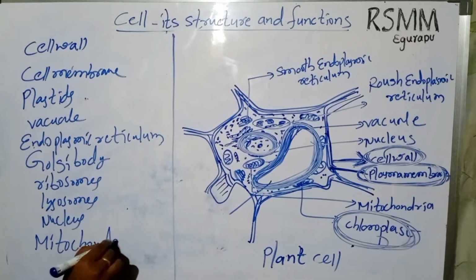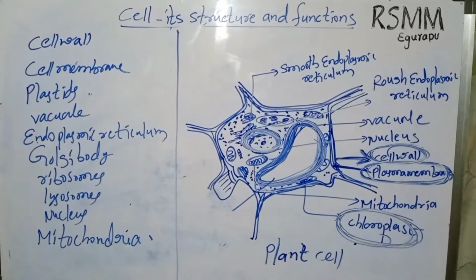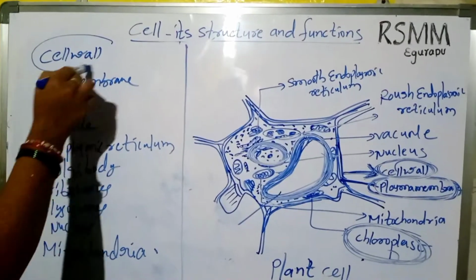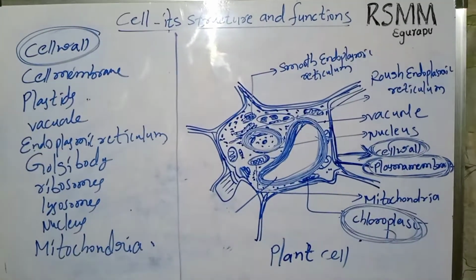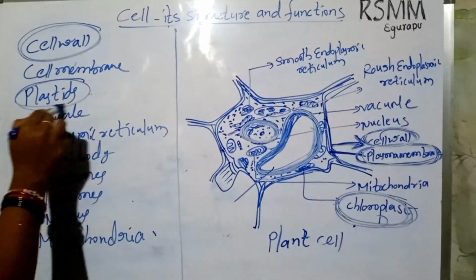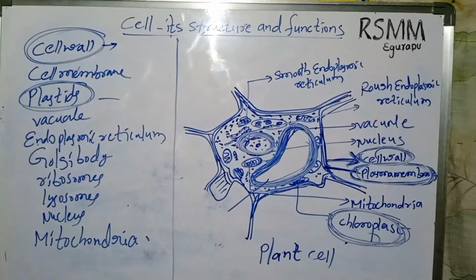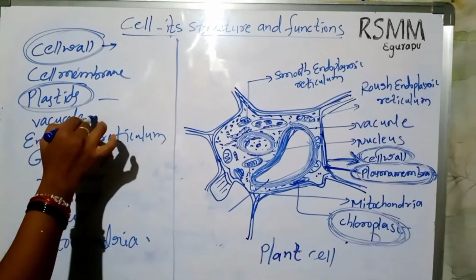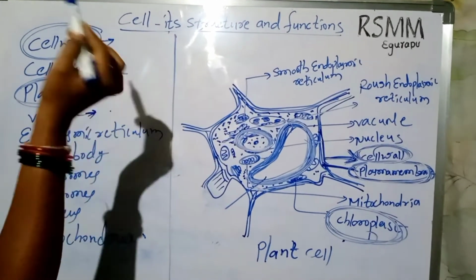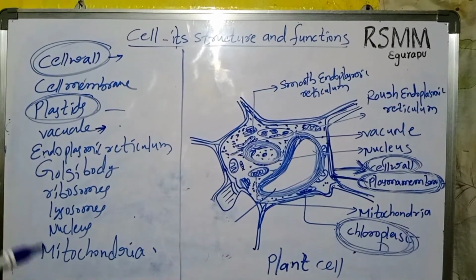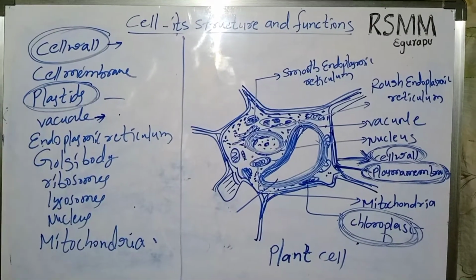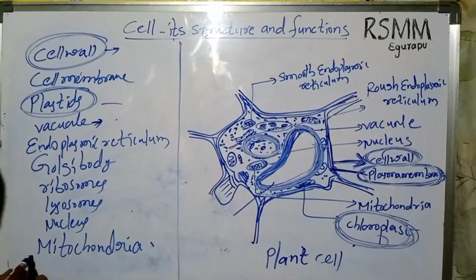We discussed all these. Already we discussed that the cell wall is the major difference between plant cell and animal cell. Plastids are present in plant cell and absent in animal cell. Cell wall is present in plant cell and absent in animal cell, and a large vacuole is present in plant cell. Centrioles are present in animal cell and absent in plant cell.